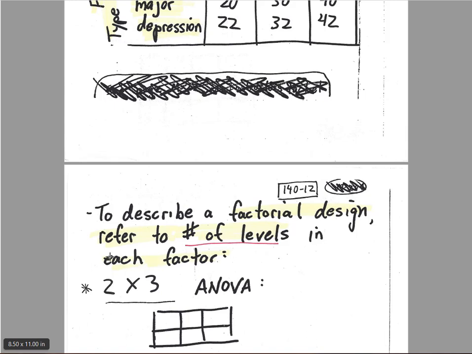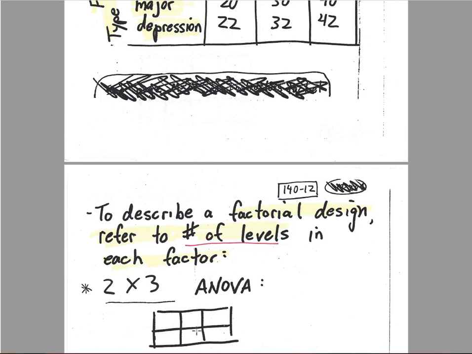One of the factors must have had 2 levels. You know that because you see the number 2 here. And one of the factors must have had 3 levels. You know that because you see the number 3 here. If somebody says, I analyzed it as a 2x3 Anova, that means they have a research design like our research design.